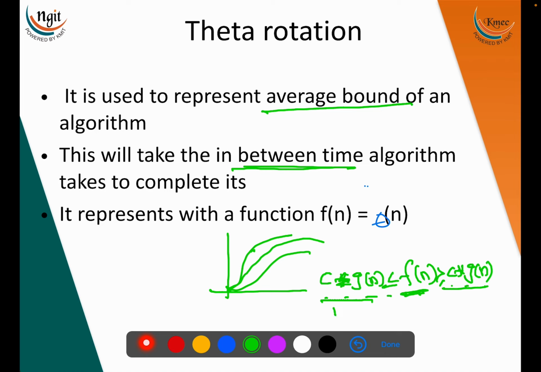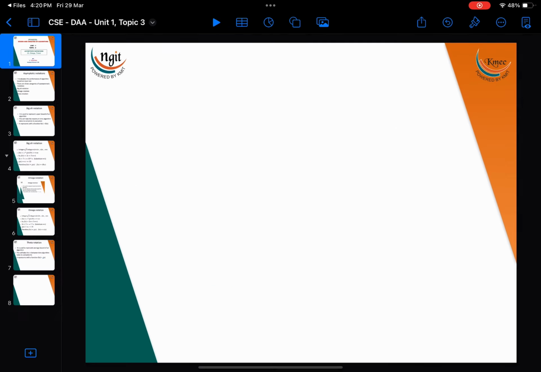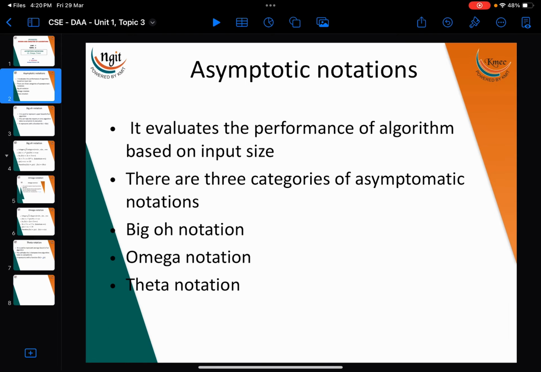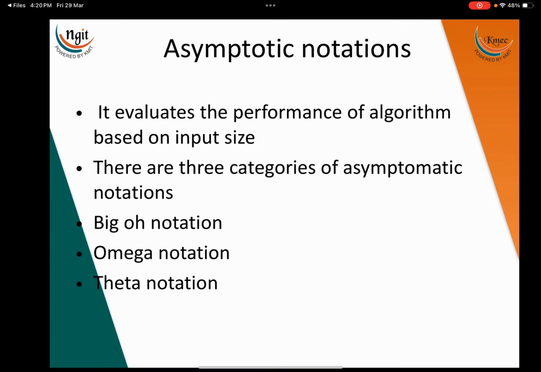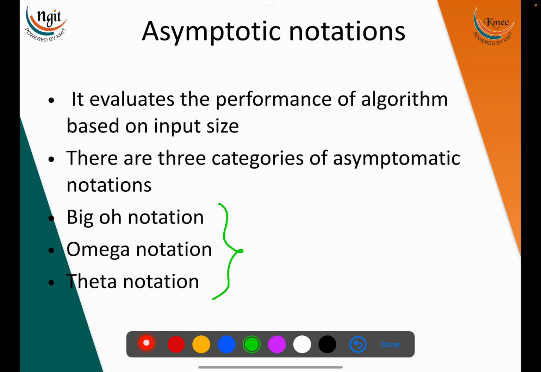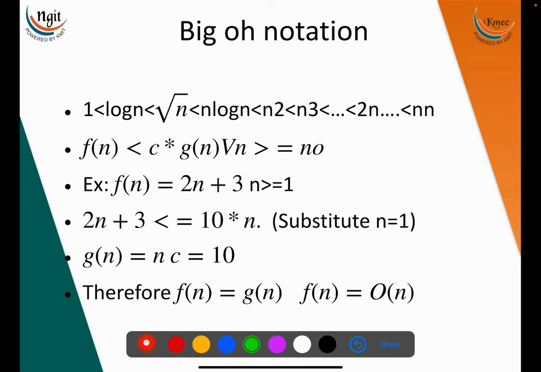Lower bound is omega notation. Upper bound is big O notation. In between, it is theta notation. So these are the three different notations in order to calculate the performance of the algorithm. Thank you all.